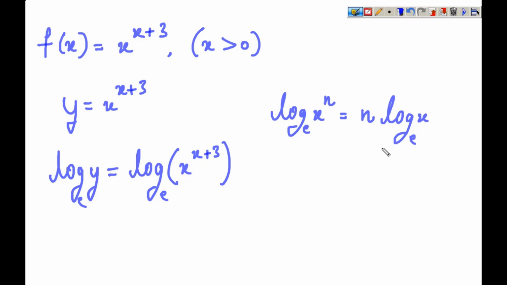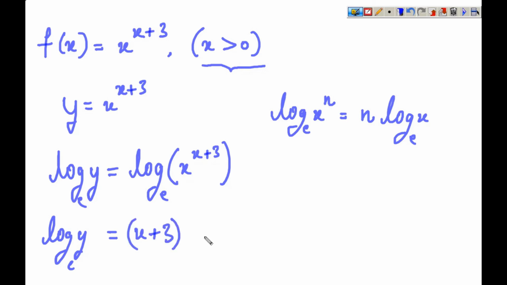Applying the same concept here, since x is greater than 0, meaning any positive real number, we can rewrite log y as (x + 3) times log x.